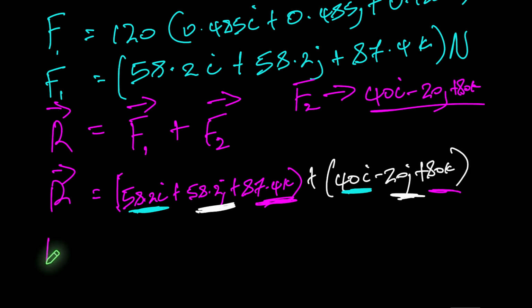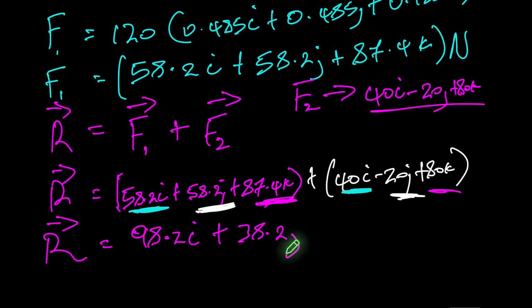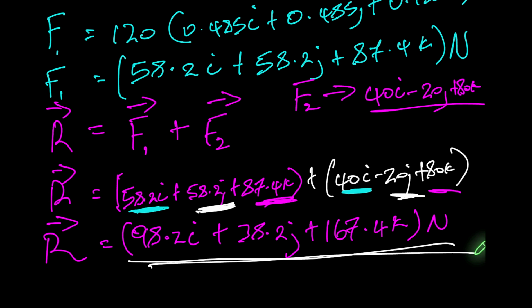R, our resultant vector, is 58.2 plus 40, so 98.2i, plus 38.2j, and plus 167.4k. And this is in Newton. So this here represents our resultant vector.